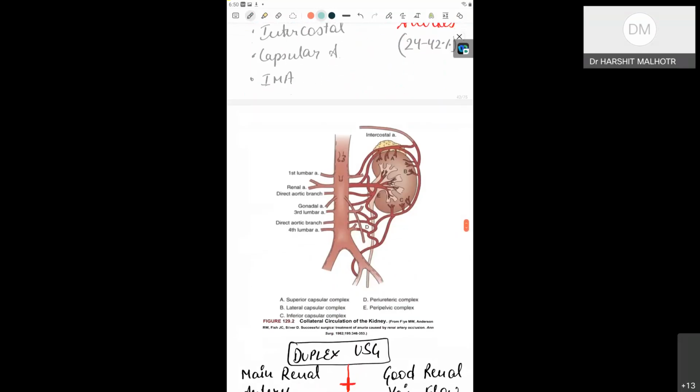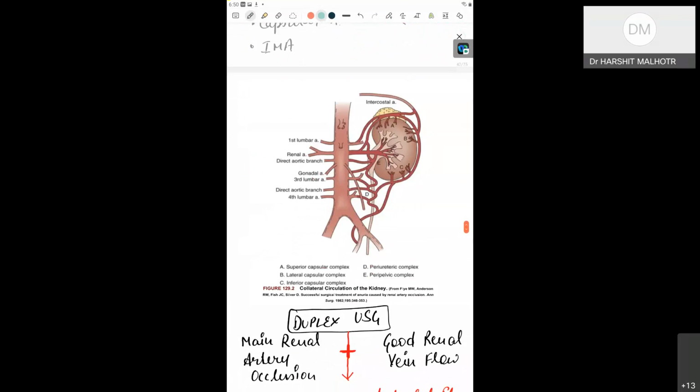So this is an image in which the collateral circulation has been divided into 4 different complexes: superior capsular complex, lateral capsular complex, inferior periureteric complex, and peripelvic complex.